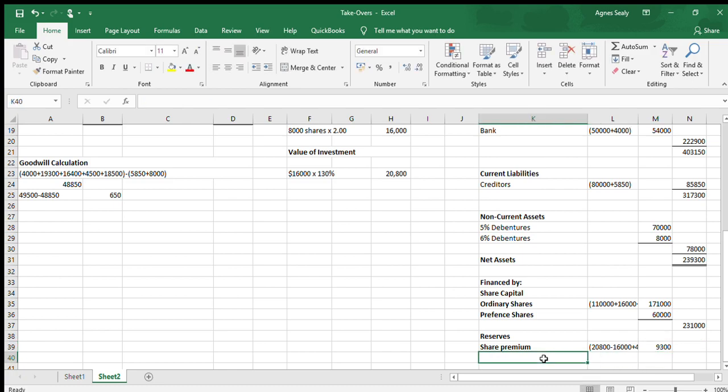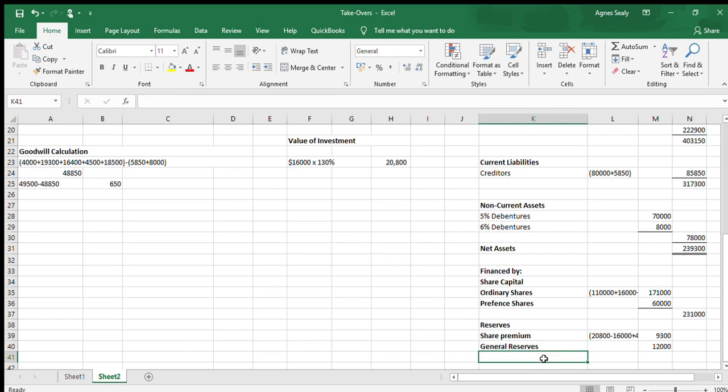And then we have our general reserves, and our general reserves is $12,000. And then we have retained profits, and our retained profits is a negative $13,000.